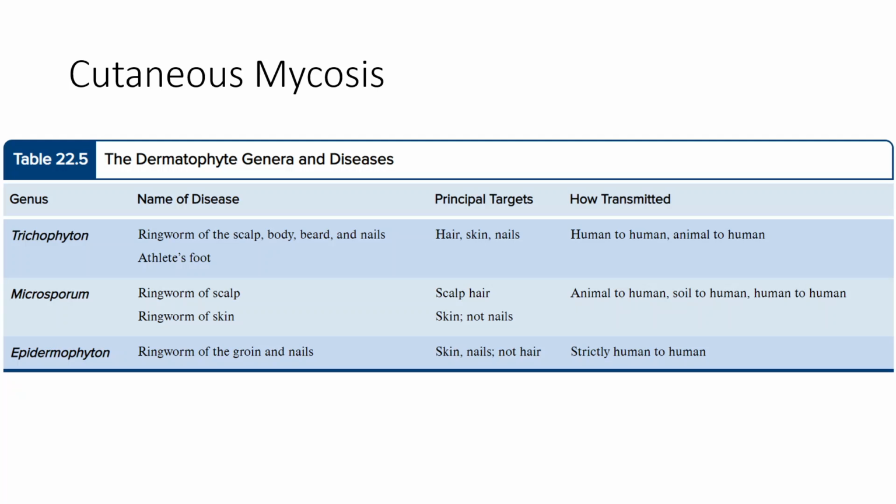These trichophyton you can easily identify because it's only going to be on the hair, skin, and nails. This is from human to human contact, and it can also be from animal to human. So be careful when you are picking up strays.